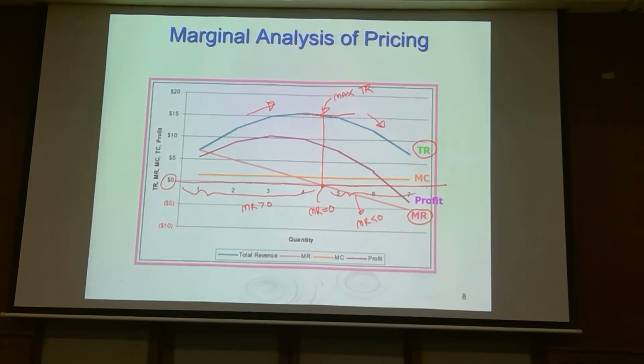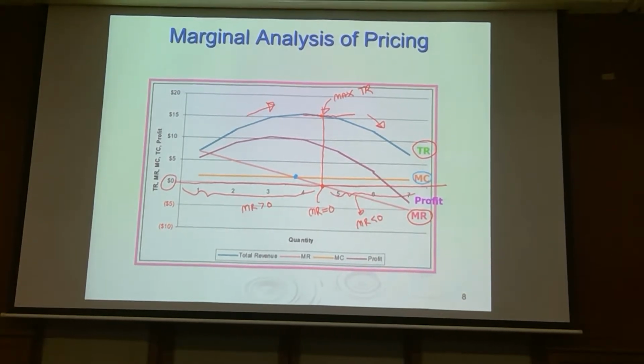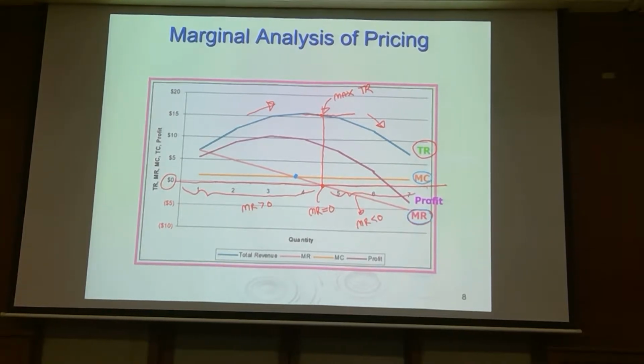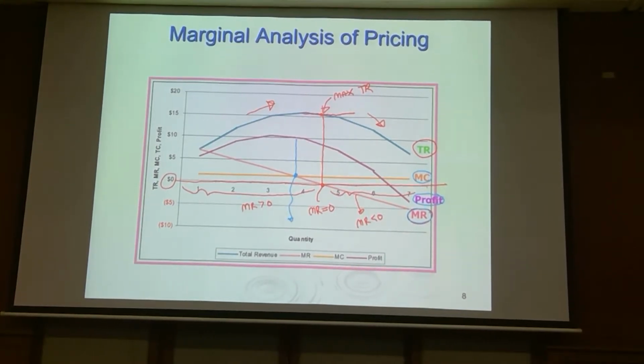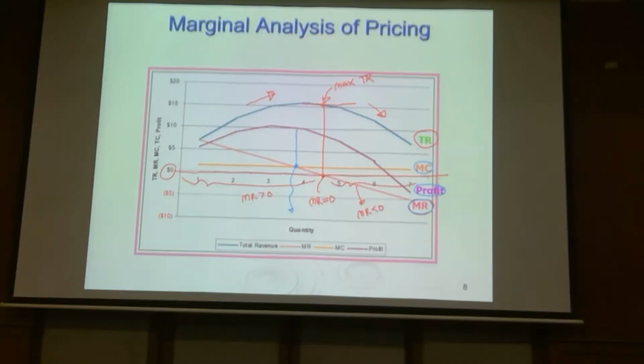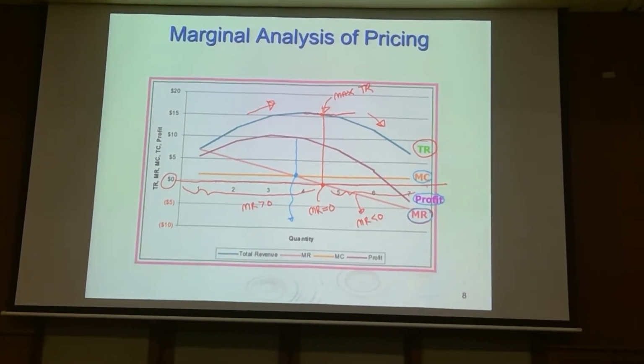Then here we can also illustrate the relationship between marginal revenue, marginal cost, and the profit curve. When the marginal revenue crosses the marginal cost curve, at that quantity of around 3 to 4 units, marginal revenue equals marginal cost.